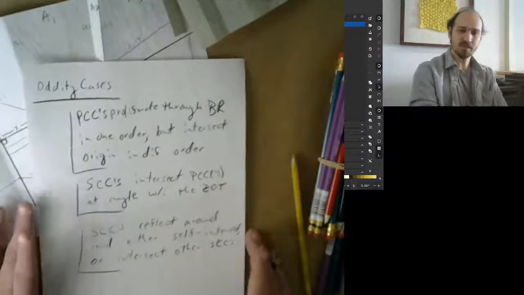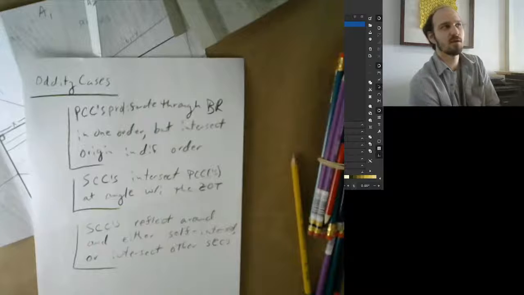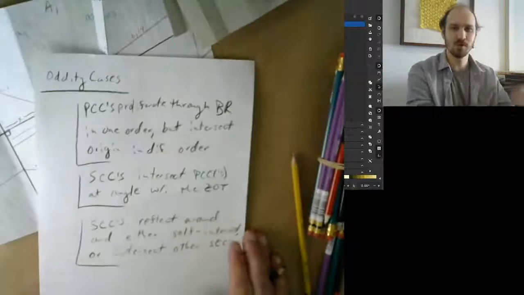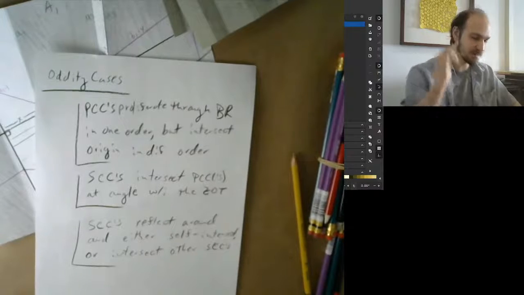So these are the special cases, and I don't think I should say special cases. I think this will happen the majority of the time. At least one of these weird things is going to happen most of the time.